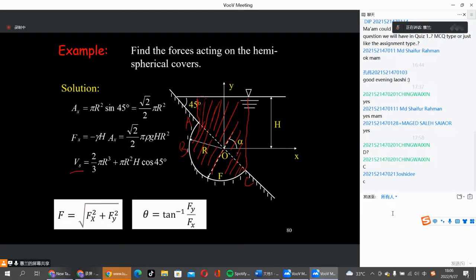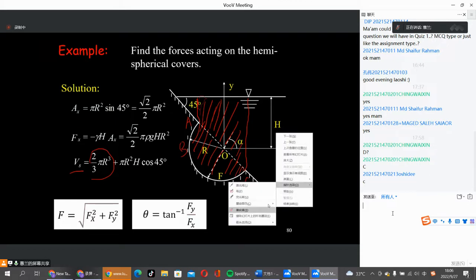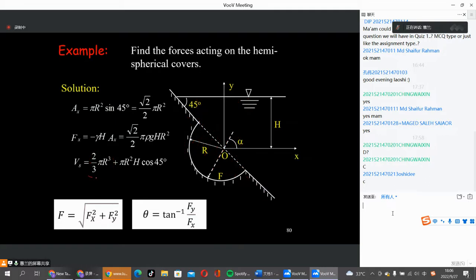Here we use this one. Sorry, let me do it again. This one is actually the volume of this half hemisphere, right?